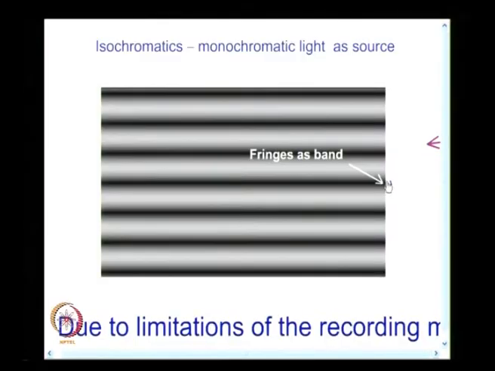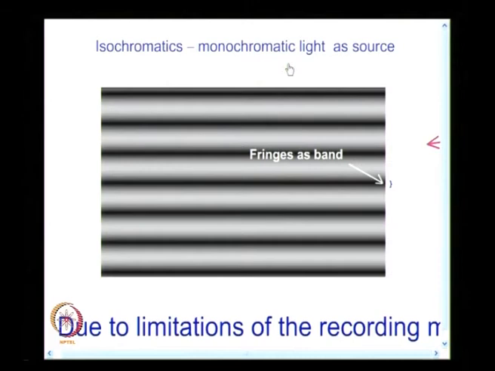The difference is I see the fringes as a band rather than a single line, and I see this as black and white contours mainly because I have used a monochromatic light source for illumination. In most of the optical techniques, it is desirable to use a monochromatic light source because you have a single wavelength and data interpretation is far simpler.